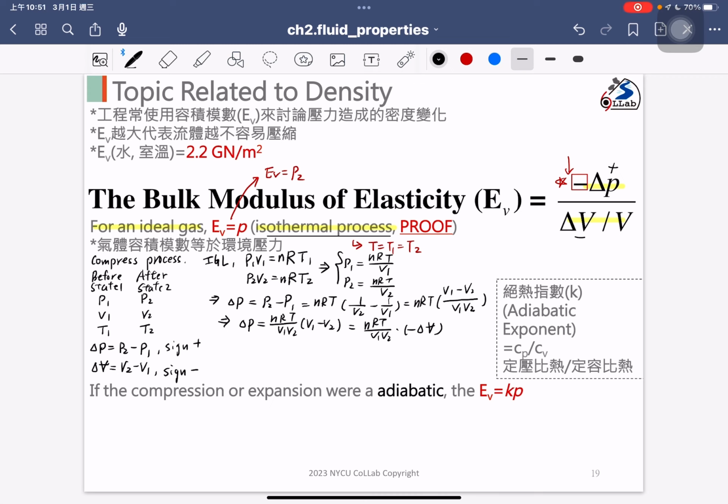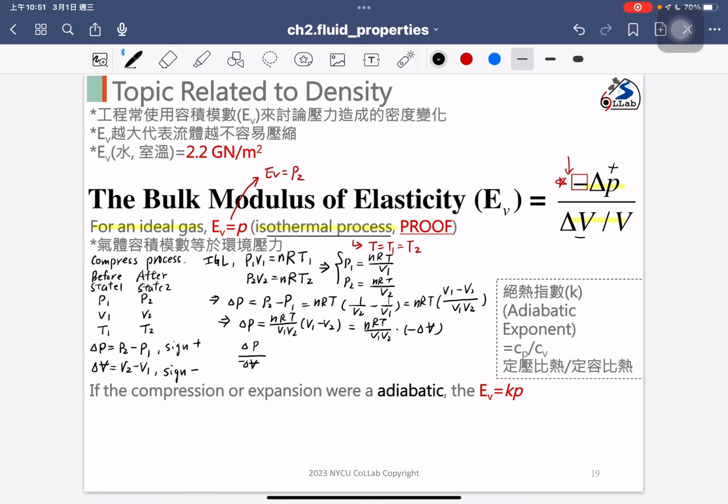So if you compare this with the definitions here, you can reorganize the equation. I want to get the bulk modulus equation. So you can see I can reorganize delta P, and I can divide by minus delta V here.